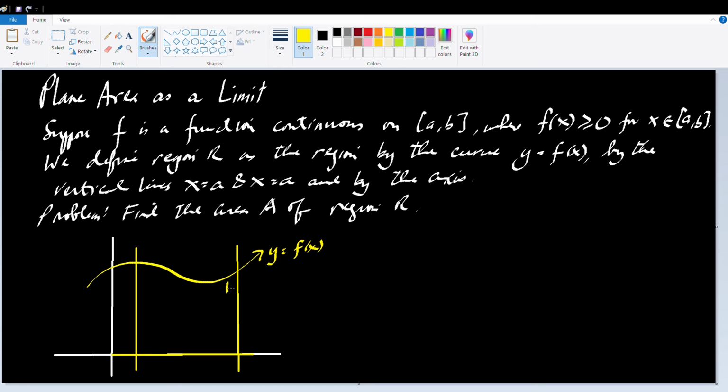So this is our region R, and we have the interval from x = a to x = b. To find the area of region R, we start by subdividing the interval [a, b] into n subintervals.